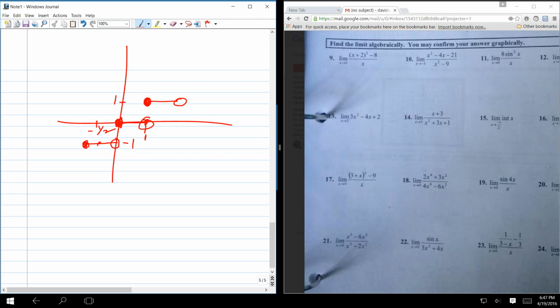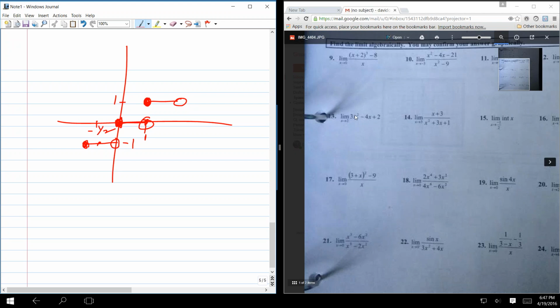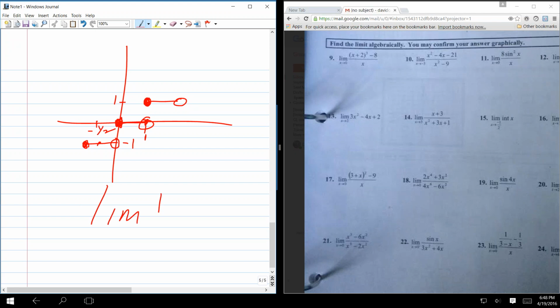Well, notice that all the others we substituted. I guess substitution. In other words, we didn't do 13 by algebra either. We just substituted. Came up with a number. So let's substitute. We got the limit of the greatest integer function of negative 1/2.